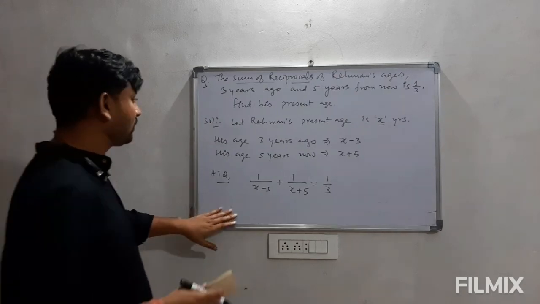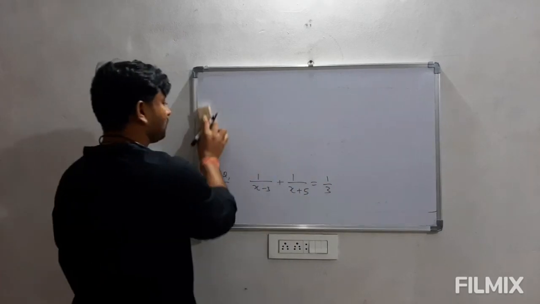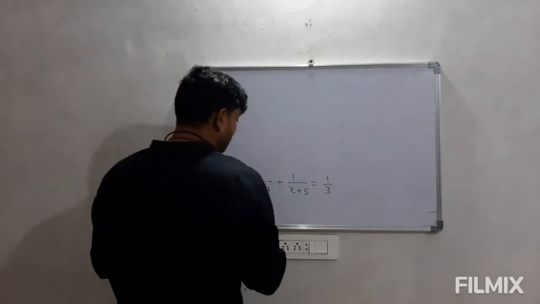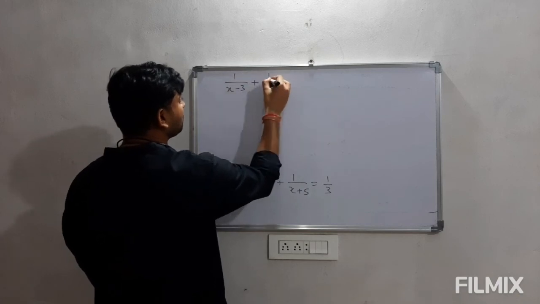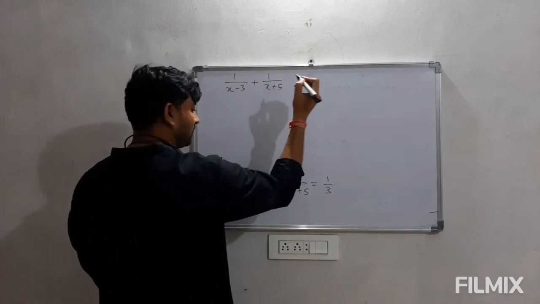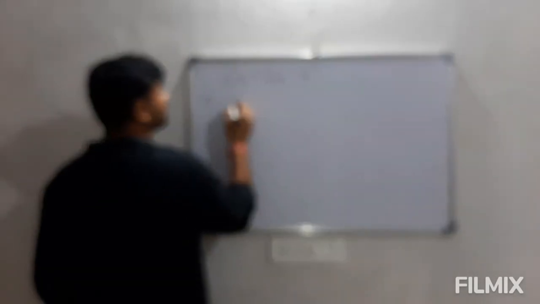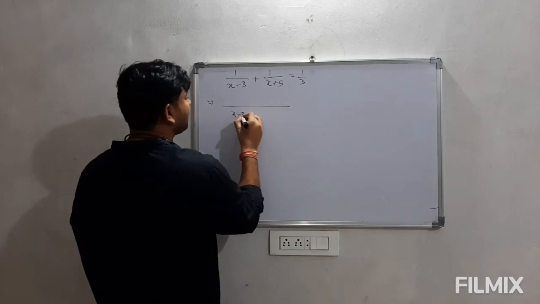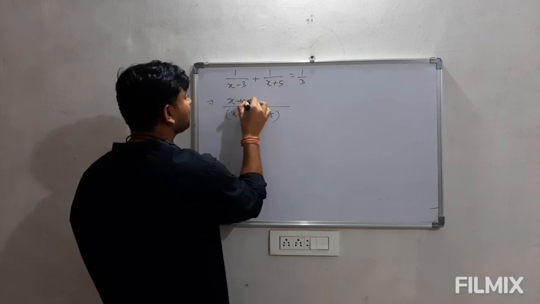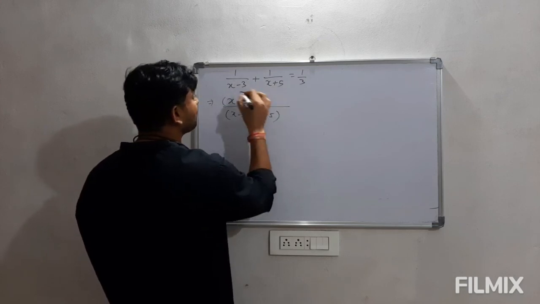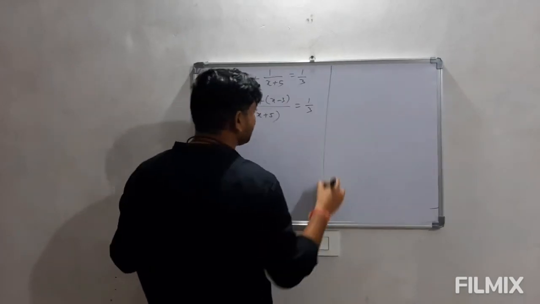Now we have to solve for x so that we can get his present age. So from here we are solving further. The equation we are getting is 1 upon x minus 3 plus 1 upon x plus 5 is equal to 1 by 3. Now we have to cross multiply here. So we will write x minus 3 into x plus 5, then cross it is x plus 5 plus 1 into x minus 3 we get x minus 3, upon 1 upon 3.